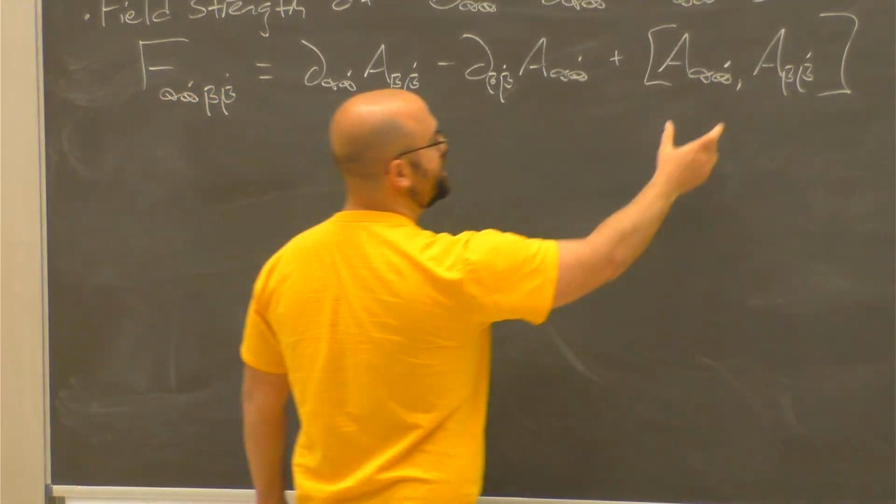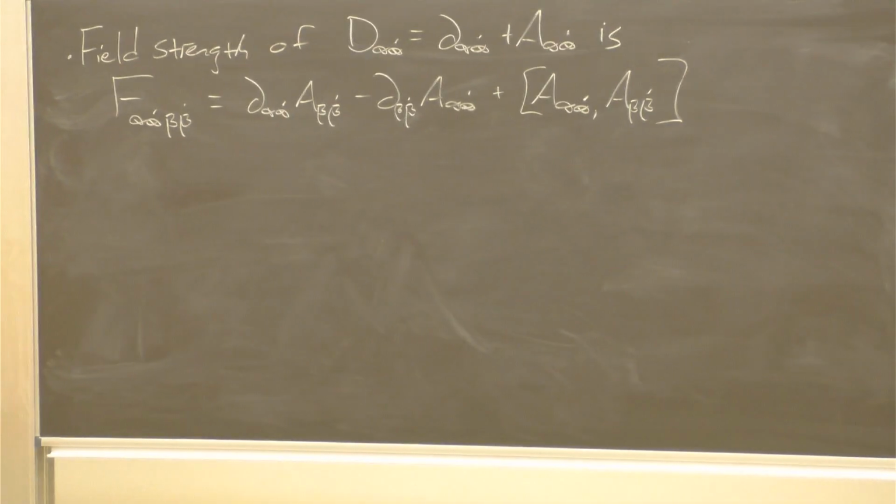So this bracket is just the Lie bracket on the Lie algebra little g.